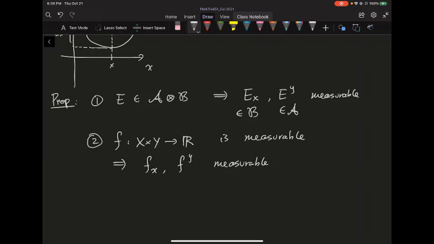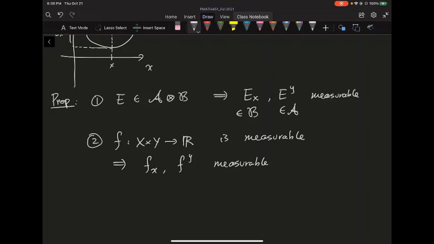If you have a completion, then the measurable sets in this completion of A times B will be a little bit more difficult. If you follow his course note, you'll see he said E is measurable if these two sections are measurable almost everywhere. That's where the almost everywhere comes from.